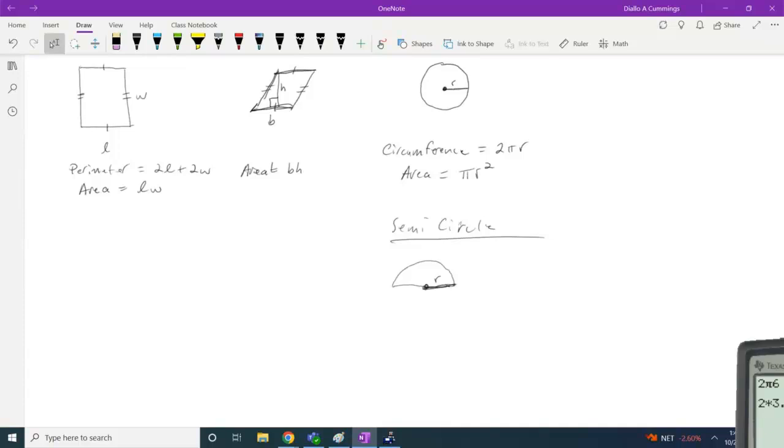So we're going to cut all of those formulas in half. So in order to find the circumference of a semicircle, I'm simply going to take the formula for the circumference and divide it by 2. So the circumference of a semicircle is pi times r.